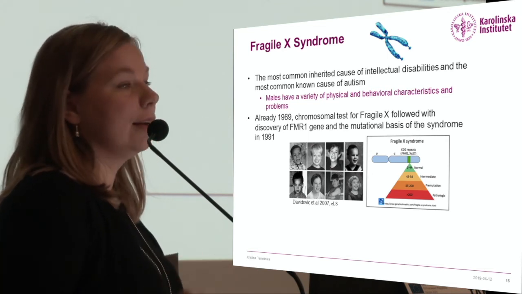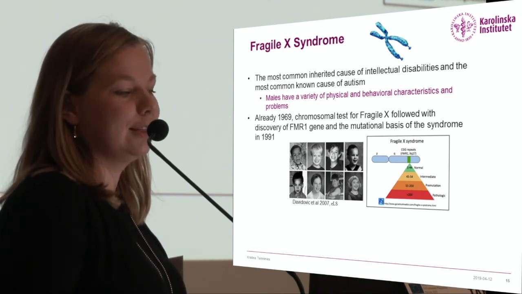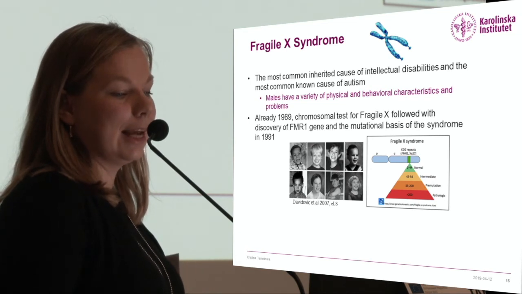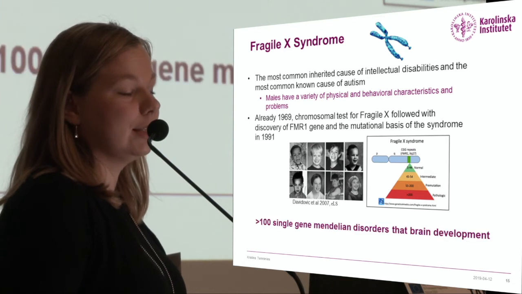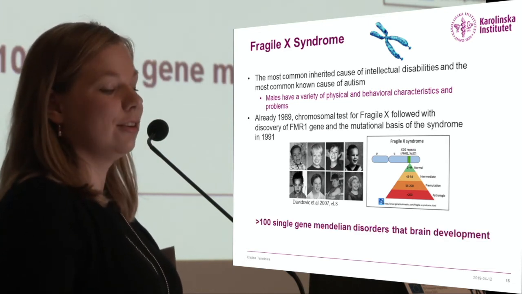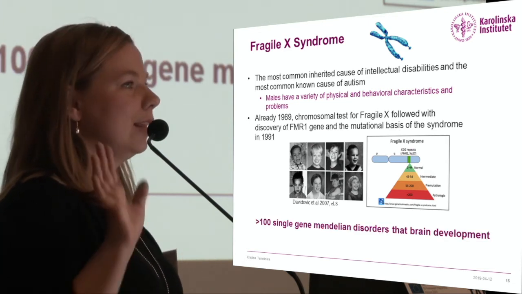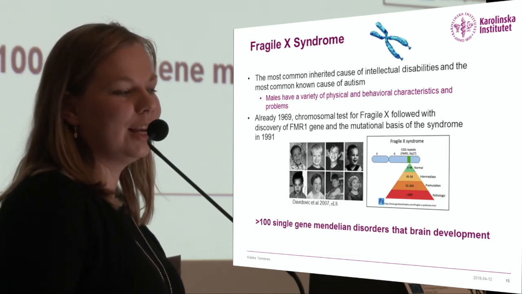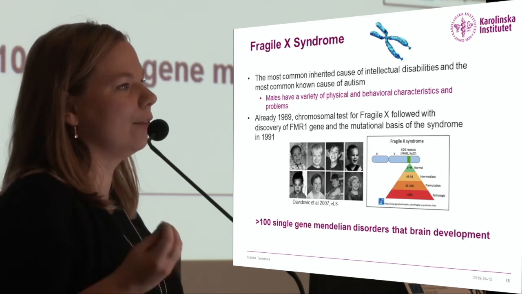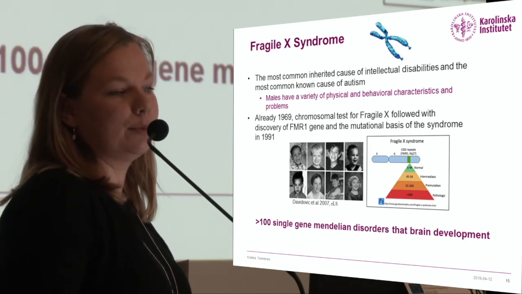Already in '69 there was a chromosomal test for Fragile X, and in '91 the mutation basis was discovered. And there are more than 100 single gene Mendelian disorders. I think now it's already coming up to thousands with all the new discoveries, but really this is something that clinical genetics has been using for years.